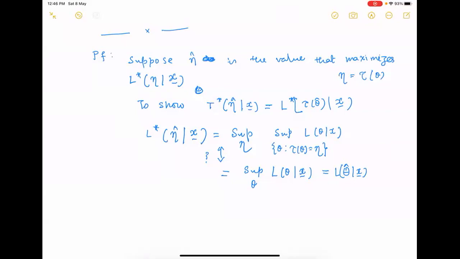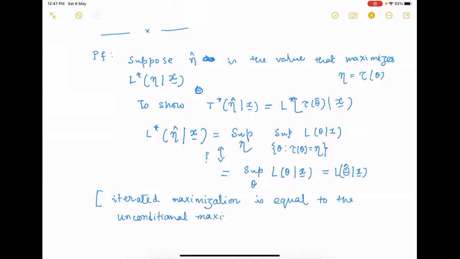Actually, there is a result that is being called for here. The result is saying that iterated maximization is equal to the unconditional maximization over theta.